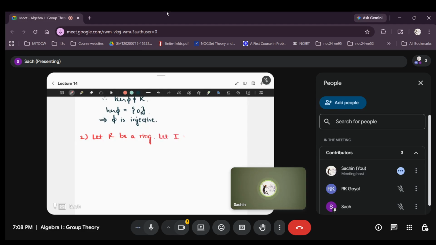Let I and J be ideals in R. We'll define two new sets.